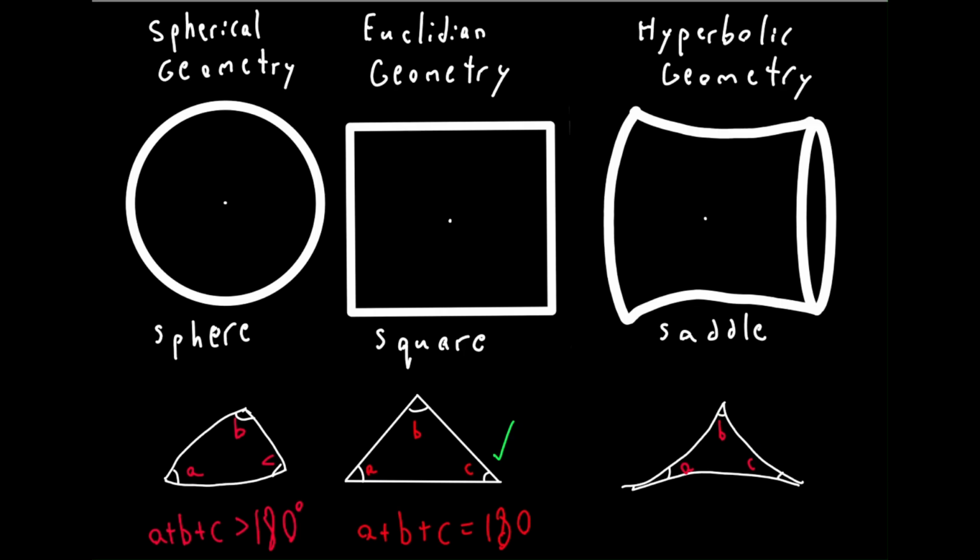Now let's get back into A plus B plus C. Well, seeing how hyperbolic geometry is the opposite of spherical geometry, what do you expect? Is it more than 180 degrees?